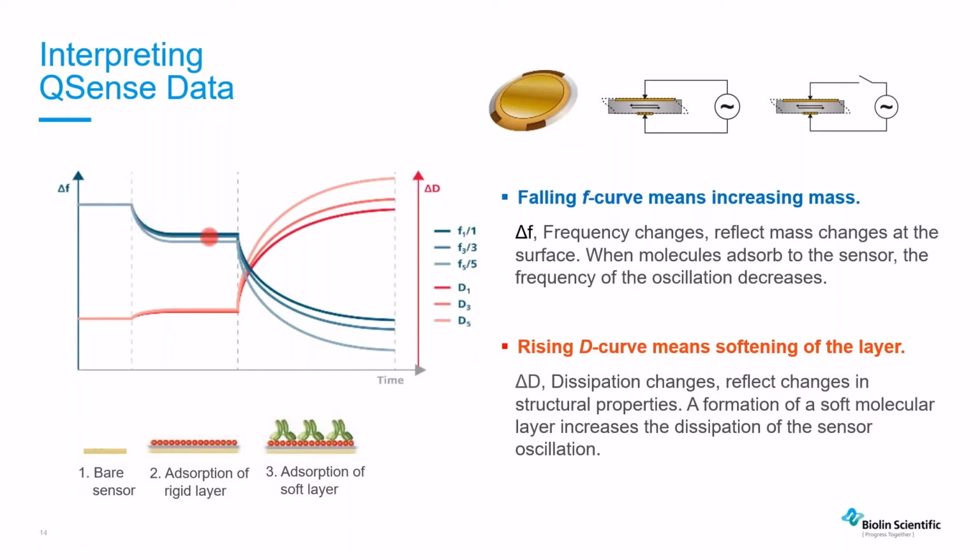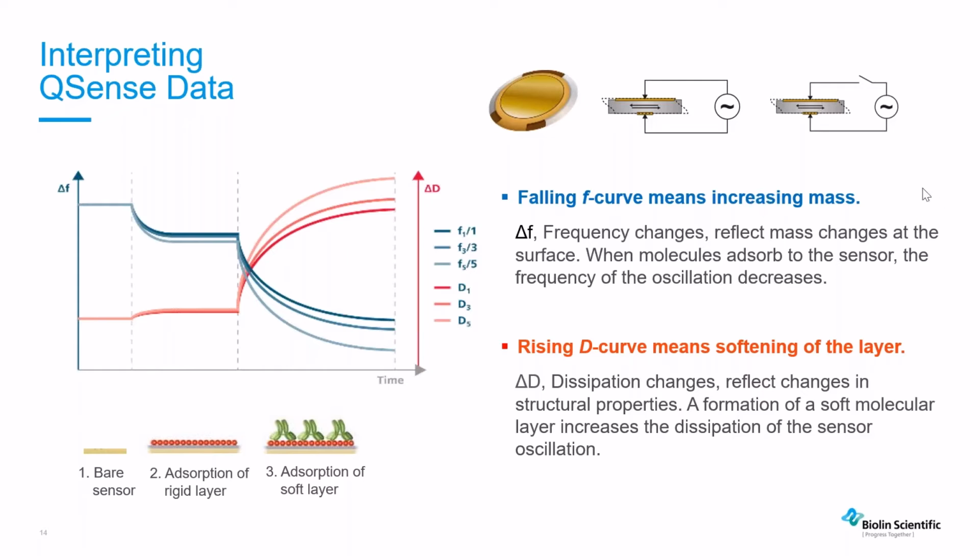We have a certain frequency change correlating to the mass change. Dissipation increases just a little bit because we have a rigid case here. And the second layer, the green molecules, are bigger, heavier, forming a more soft layer. So the frequency shift is bigger and dissipation is also bigger, because of the larger mass and increased softness.